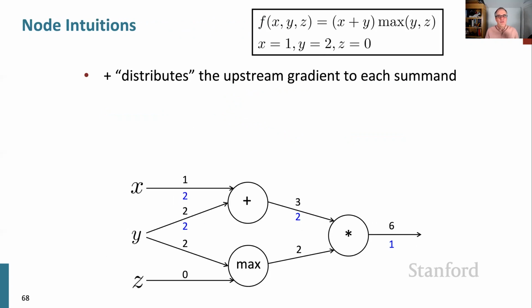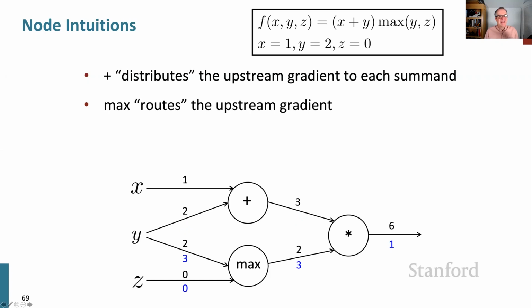We also saw some of the other node intuitions, which it's useful to have. When you have an addition, that distributes the upstream gradient to each of the things below it. When you have max, it's like a routing node: the upstream gradient goes to one of the branches below it and the rest of them get no gradient.